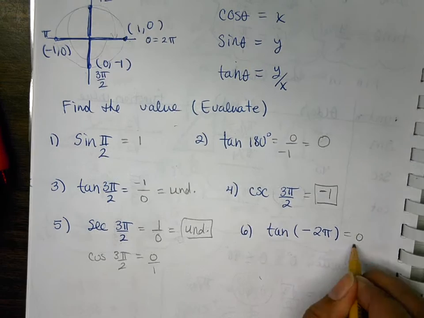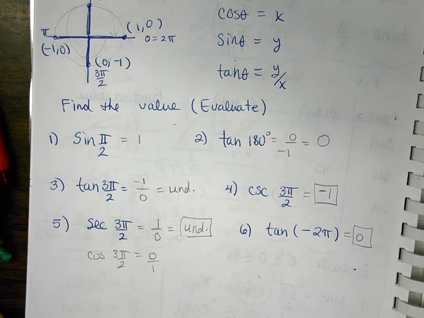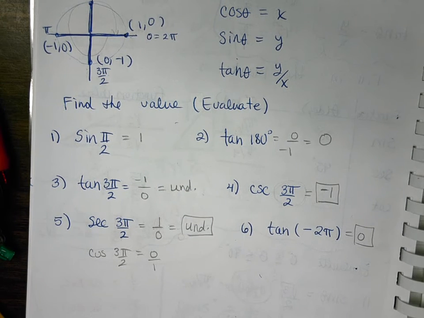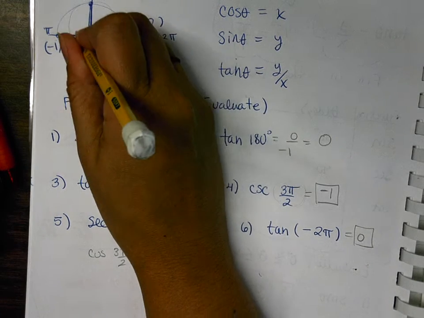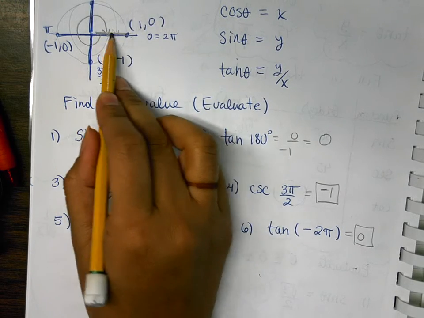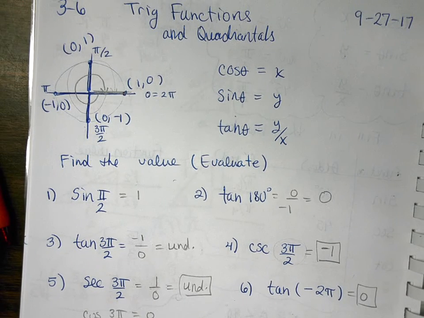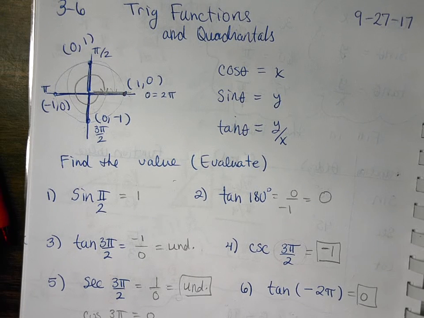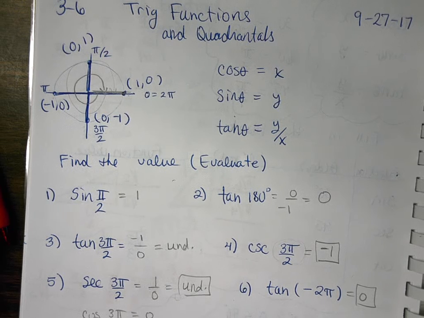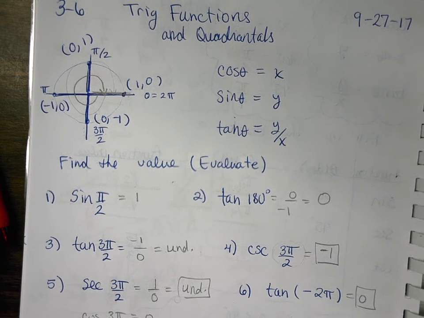Do you guys see that it's 0? 0 over 1 is 0. So if it's negative 2 pi though, do you keep the negative? No. Because when you do the negative 2 pi, it just ends you up in the exact same spot as positive 2 pi. They're coterminal angles, so that negative doesn't do anything for you as far as give you a negative answer. Okay. Number 7. Cotangent of 90 degrees.